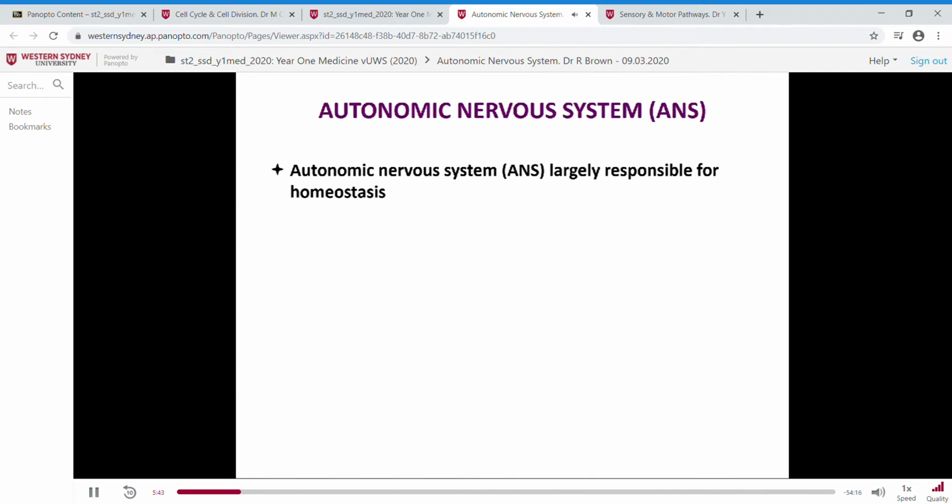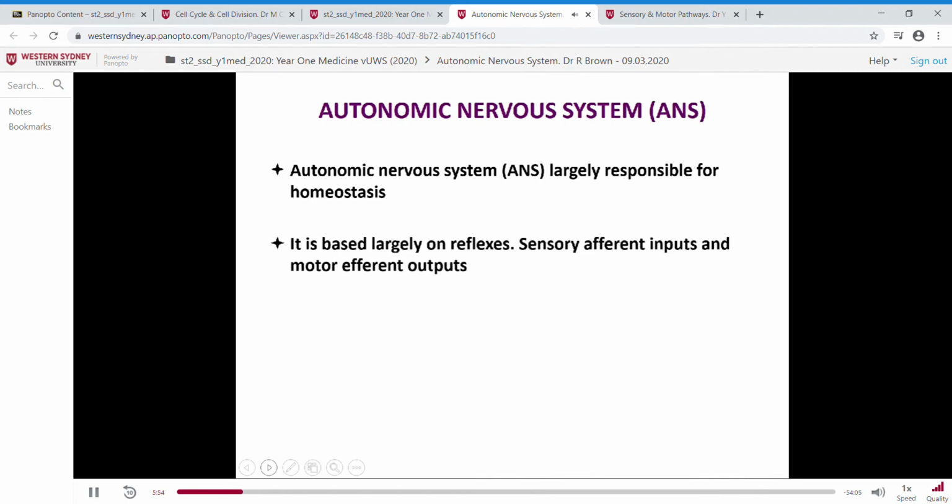So it maintains homeostasis and ensures the internal organs are operating efficiently, and it makes appropriate adjustments, as I said, as you go about your day, depending upon the situation. It's based largely on reflexes, so you have sensory afferent inputs and motor efferent outputs, okay? Similar to the somatic system, but a little bit different.